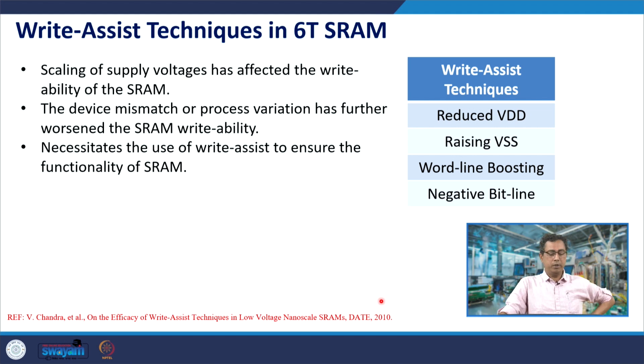As you scale the supply voltage, writing in an SRAM cell becomes difficult, WL critical increases drastically, and there is also an issue that device mismatch increases with both technology scaling as well as reduction in VDD, the supply voltage, and therefore there is unpredictability with respect to the value of WL critical that you have extracted.